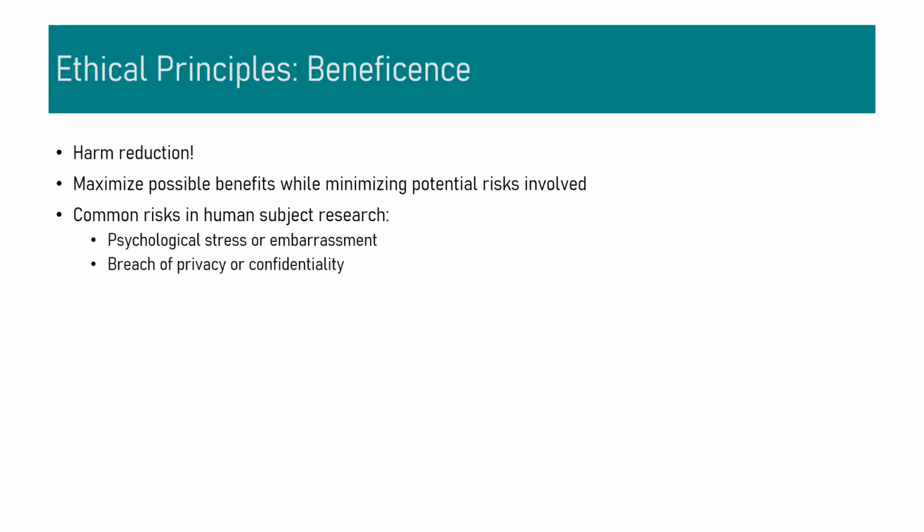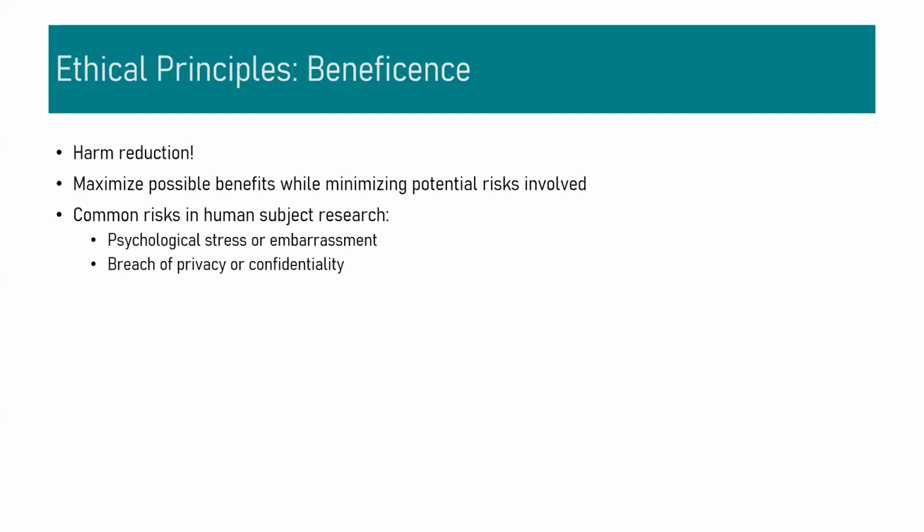Next is beneficence. Beneficence refers to the idea of harm reduction. Researchers should do their best to maximize the possible benefits of research while minimizing potential risks involved. This means that the potential harm must be reasonable in comparison to the expected benefits of the information learned.